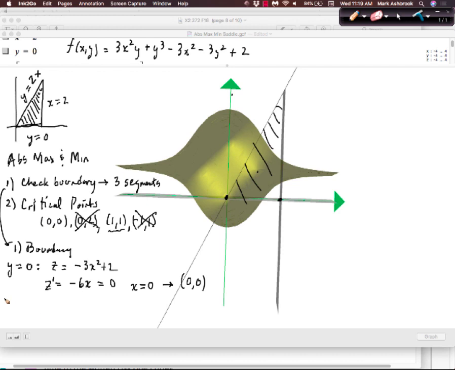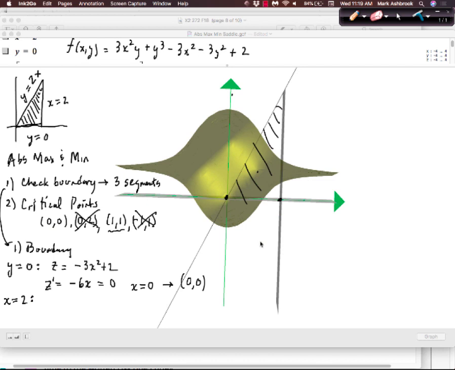So we're going to do x equals 2, and we're going to find what's the trace of that surface. This is a little deceiving, but this surface goes out. It's defined for all values of x and y, even though it's not showing up there.